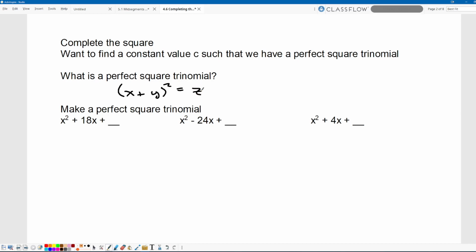So we're taking a trinomial, something that we've been factoring, and what happens is that you always end up with this x plus or minus some number squared, which is really easy to solve for.